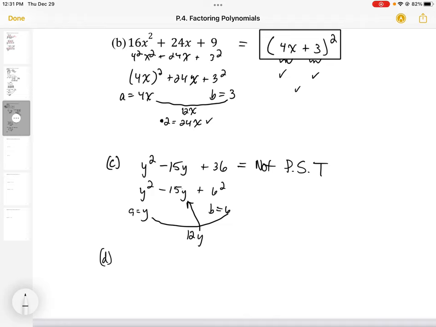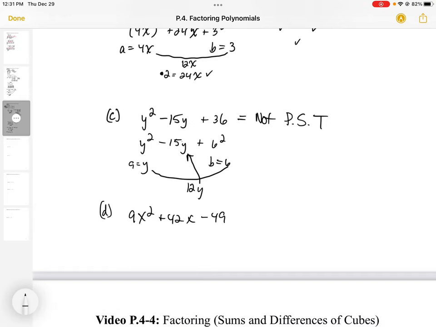And we'll look at one more. 9x squared plus 42x minus 49. So here we can rewrite 9x squared as 3x squared. That's a perfect square. We could rewrite 49 as 7 squared. So it looks like a is 3x and b is equal to 7.